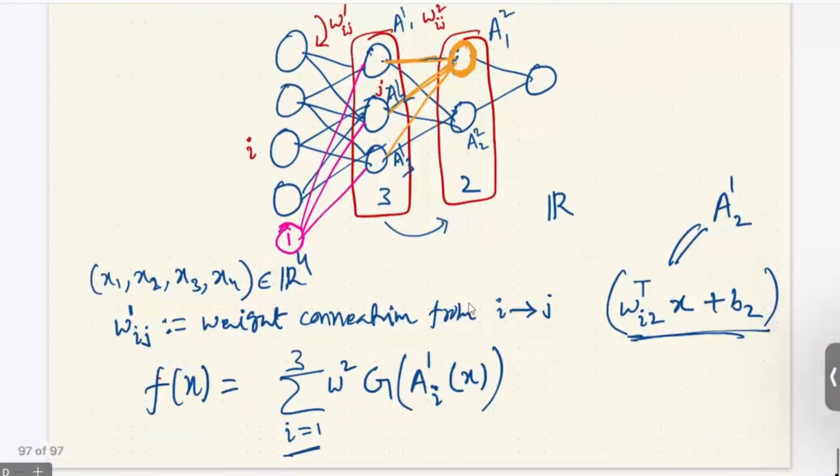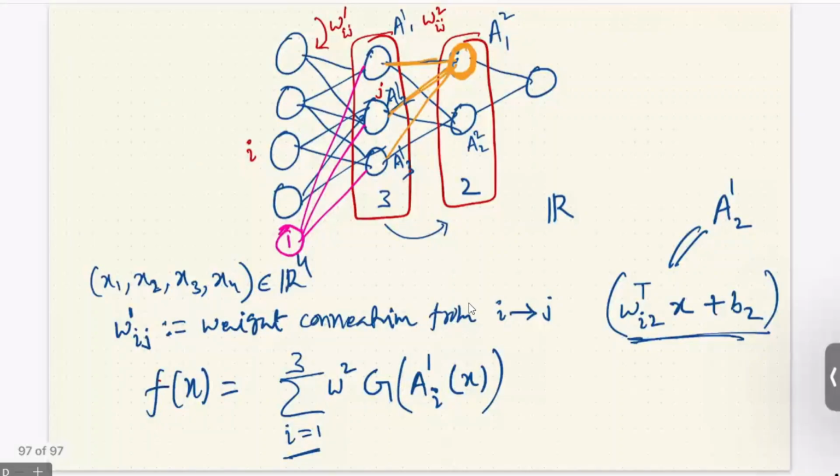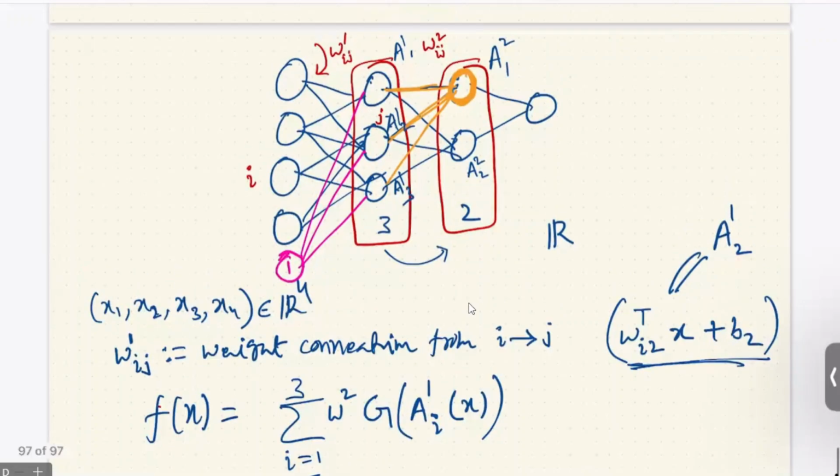So now what's happening here? The weights associated here are W2_ij, but here they are going to one particular one, that is A1 and A2. I take them as j's.